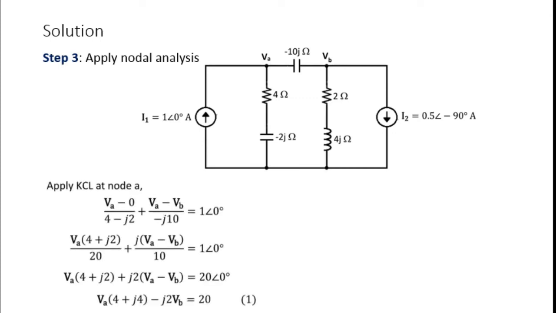So first we apply KCL at node A. We have the expression where the current flowing out of the node is given by VA minus ground over 4 minus j2, plus the expression of current of this branch, VA minus VB over minus j10, is equivalent to the current flowing into the node, which is from our source 1, equivalent to 1 angle of 0.